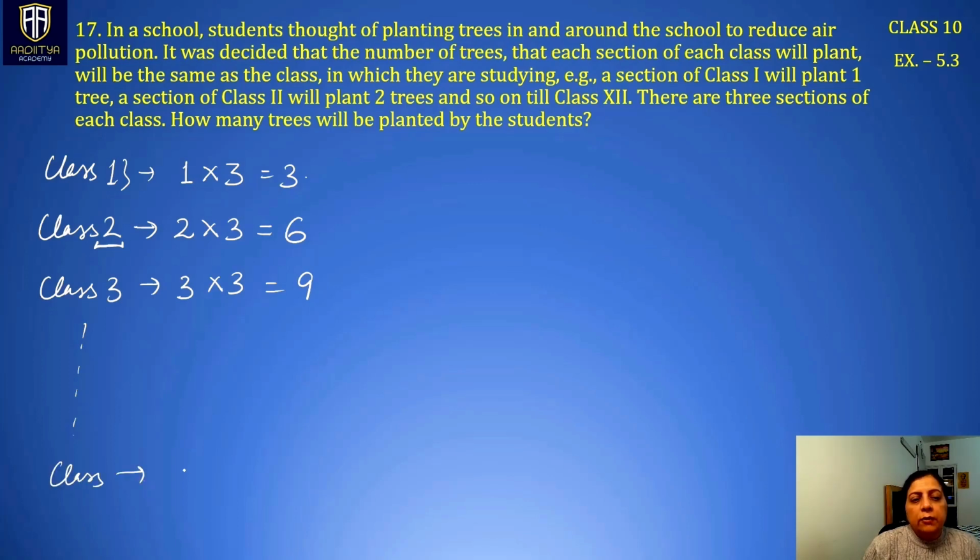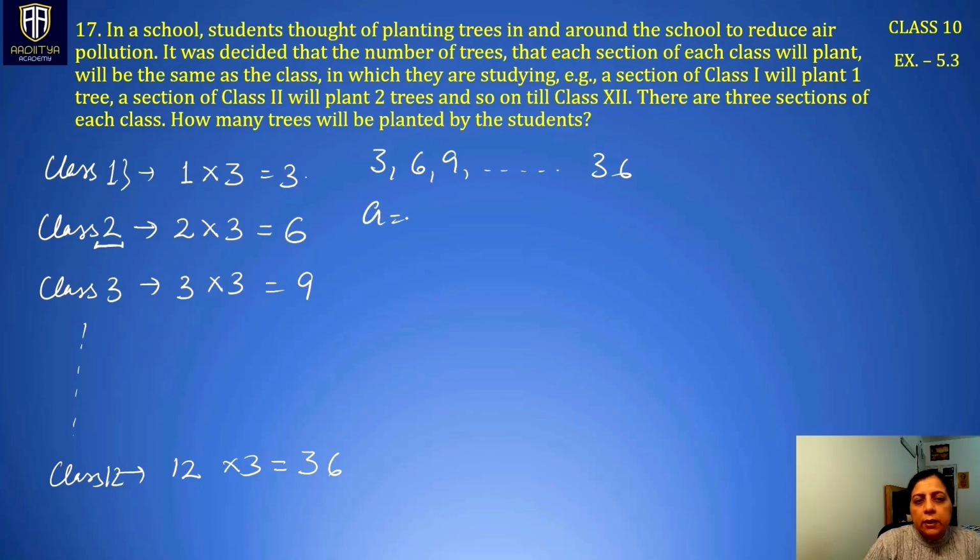Class 12 we have 3 sections, and every section will plant 12 trees. So the total number of trees planted by 12th class will be 36. So this is the sequence: 3, 6, 9, and the last one is 36. Now he is asking for how many trees will be planted by the students, that we have to find total number of trees.